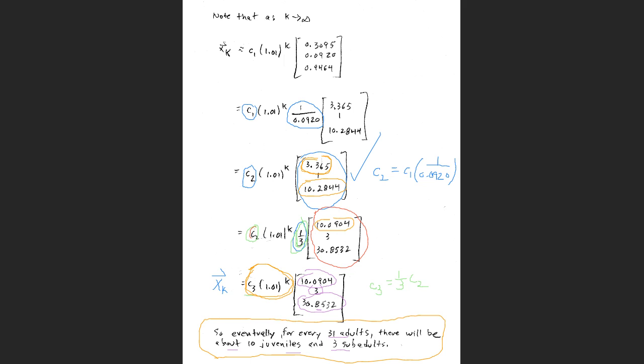And even if you give an initial condition on the starting amount of juvenile, subadult, and adult owls, with the initial condition we could determine a value for C3. It doesn't matter.